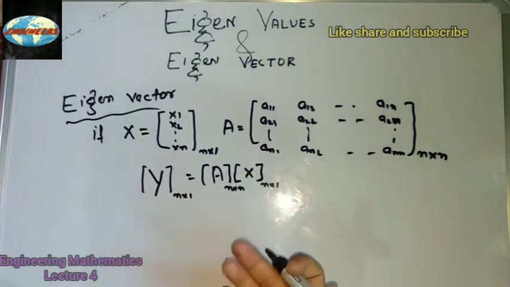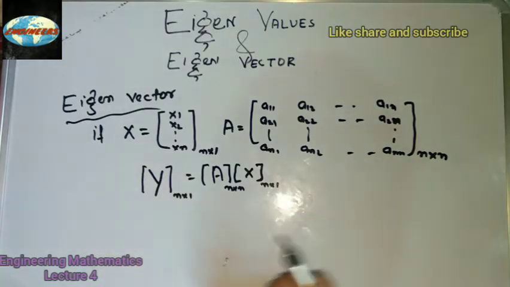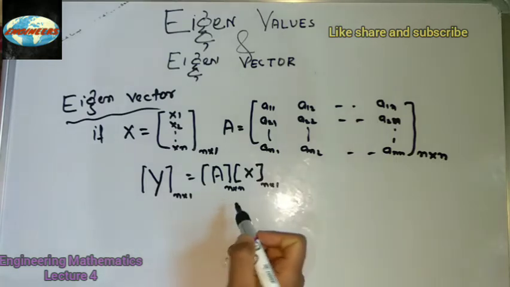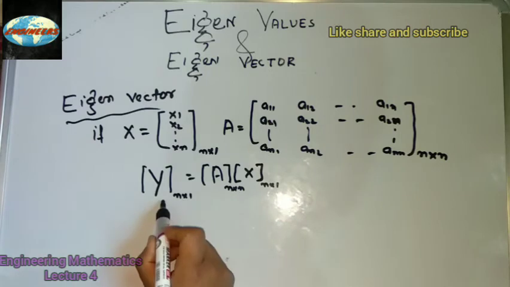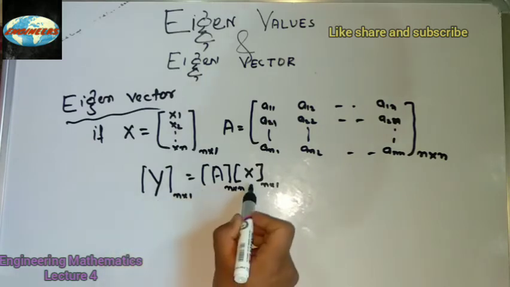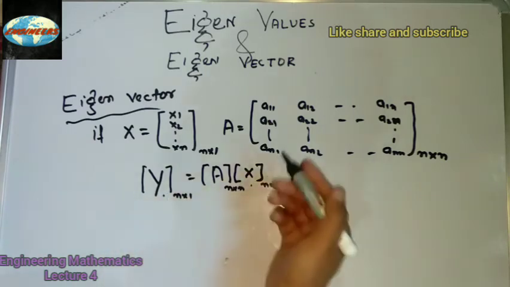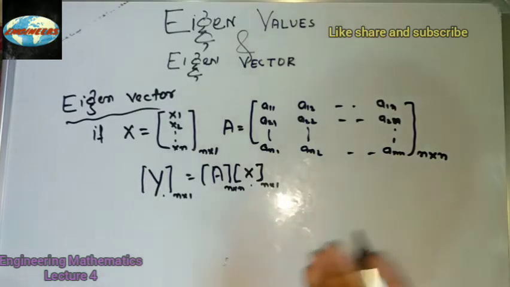In practice we often have to find those vectors which transform into themselves or into scalar multiples of themselves. Those vectors are called the eigenvectors.